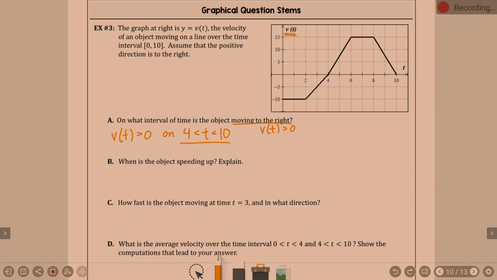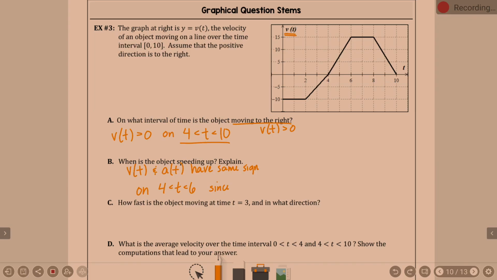So, and here's the deal. Remember, if an object is speeding up, you need velocity and acceleration to have the same sign, right? Now, that same sign could be both positive or it could be both negative, but we don't have that happening here. So, our answer is indeed on the interval from 4 to 6.